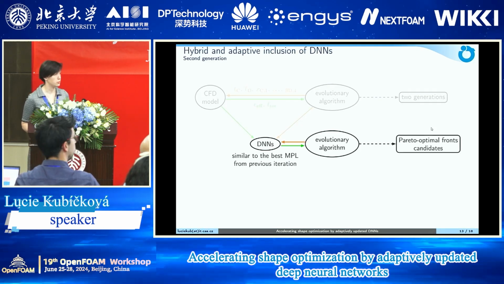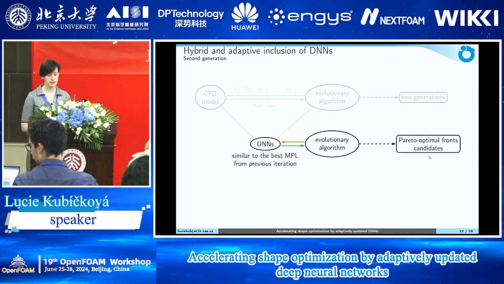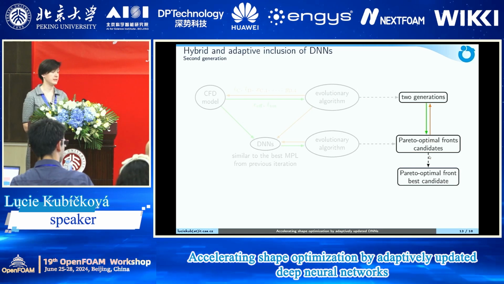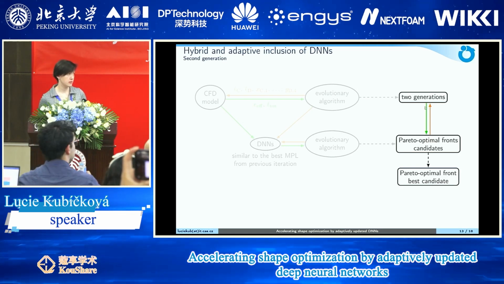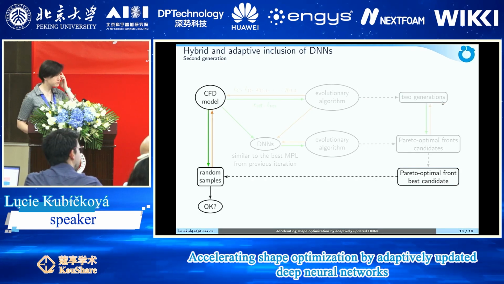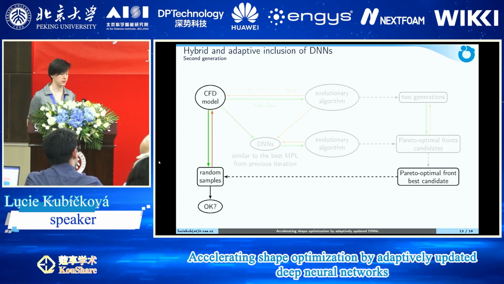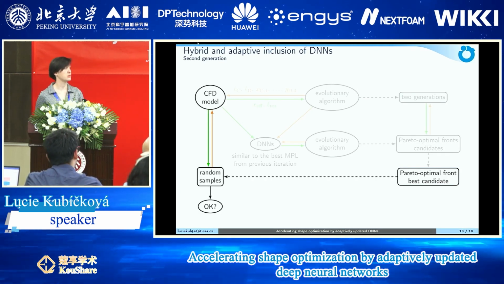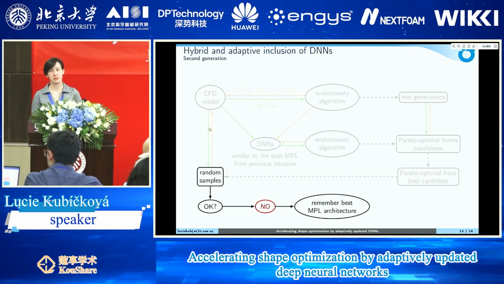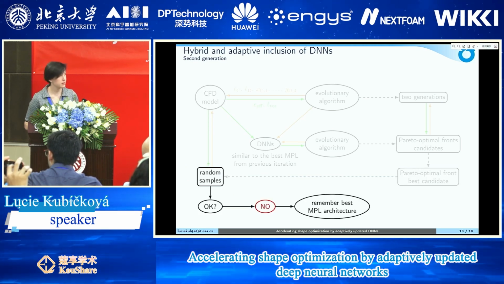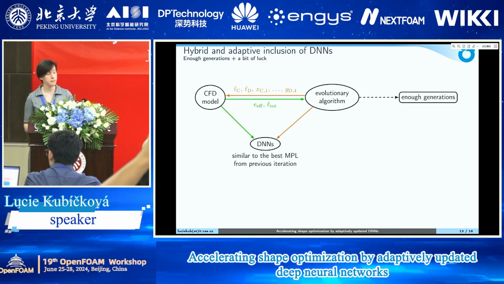We can use it to create some Pareto optimal first candidate, choose the best one or the least wrong, with at least something similar with the two generations we have. Then we can, again, take some samples and recompute them, but usually after two generations it's still not good. Let's say we let it run for enough generations.